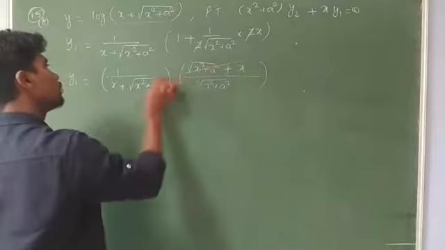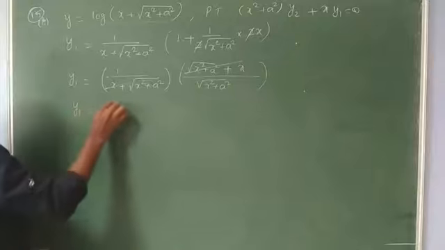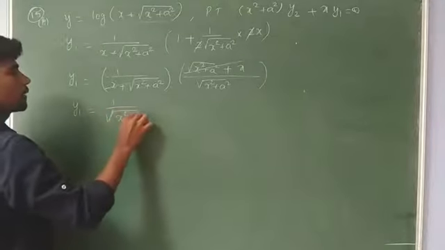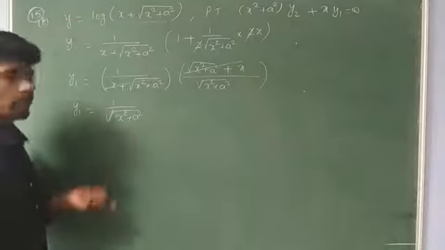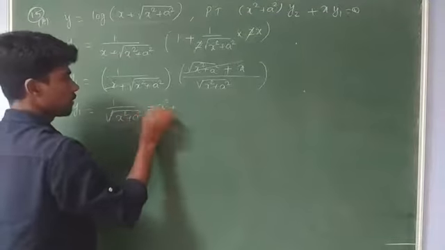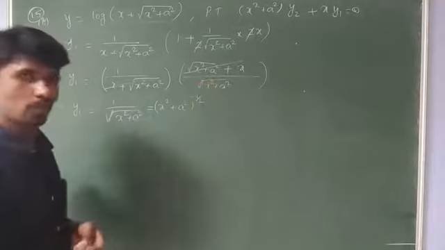So these two particular parts will get cancelled. Now we get y1 as 1 by root over x square plus a square. Now this 1 by root over x square plus a square can be written as x square plus a square to the power of minus 1 by 2.